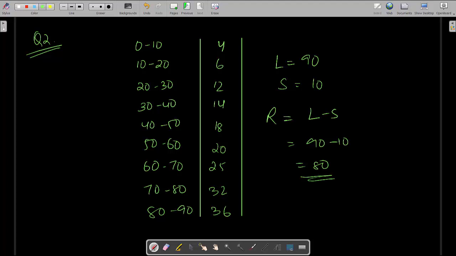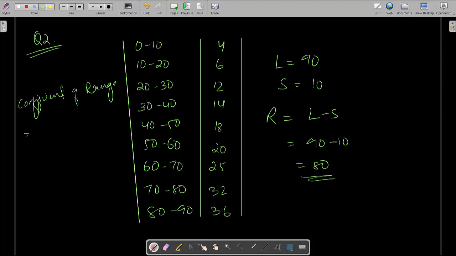Now you also have to calculate the coefficient of range. So I'm going to calculate this coefficient of range here, this side. I want you to write properly. Okay, I'm just writing it here and there, so please write your answer properly.